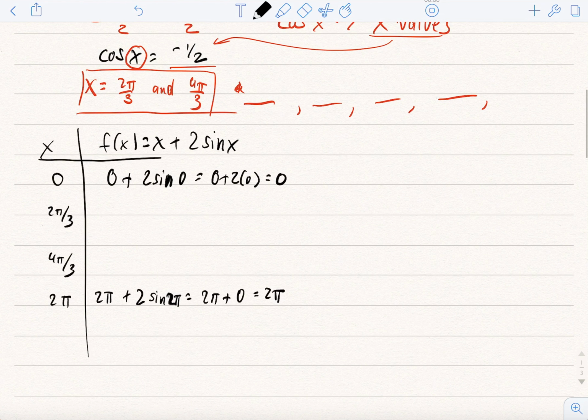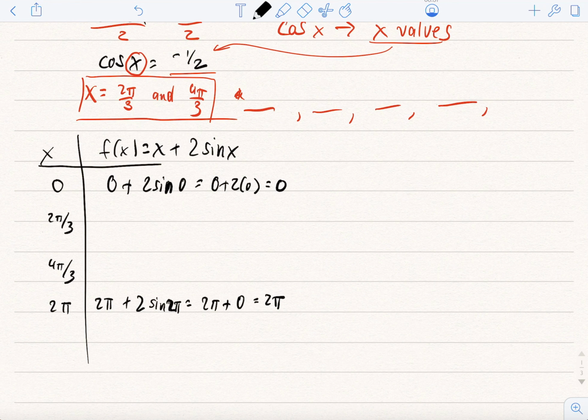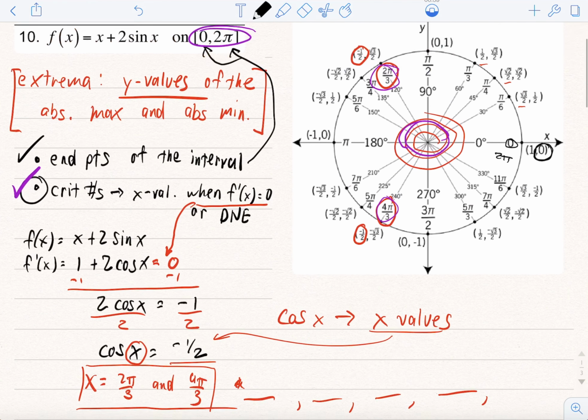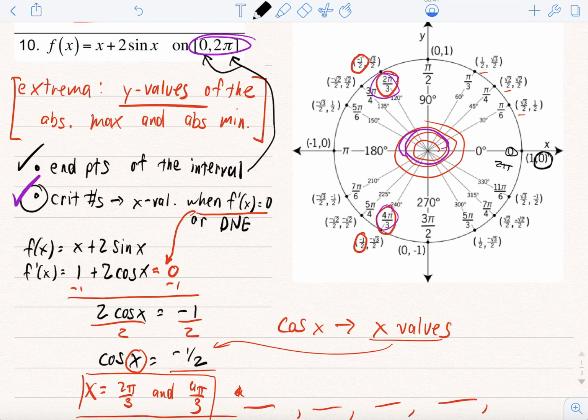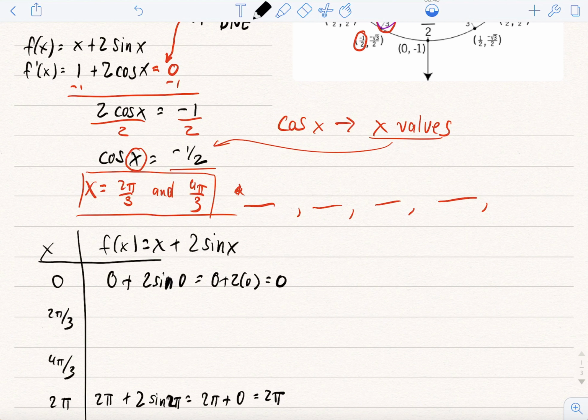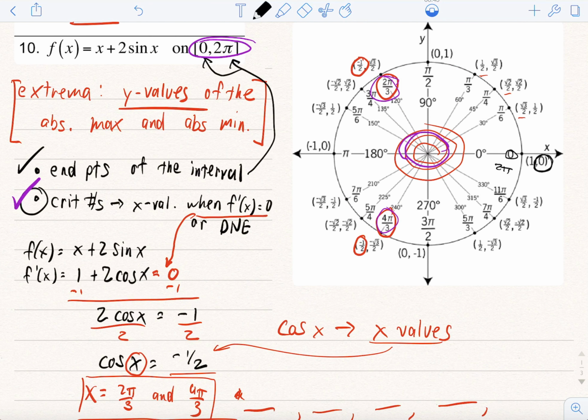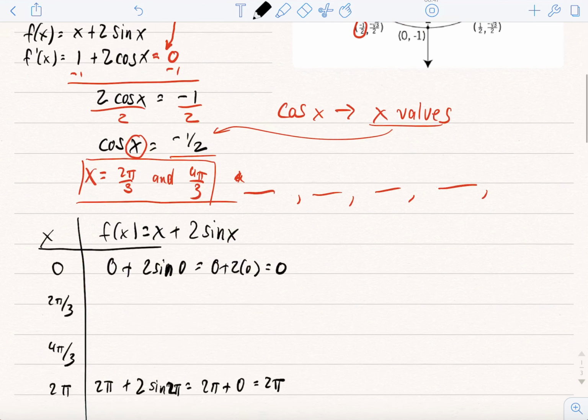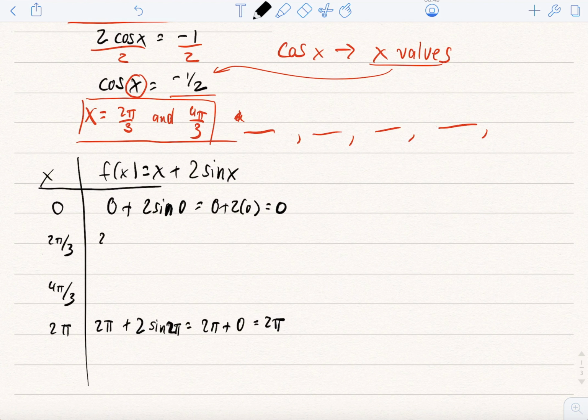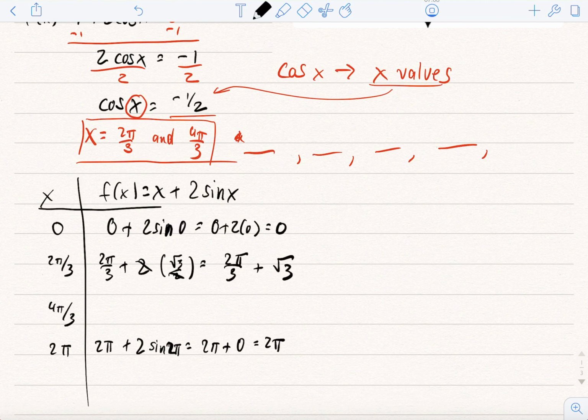Now let's plug in 2 pi over 3 into here. When we plug 2 pi over 3 in, our sine, which is our y value, is going to be root 3 over 2. So I have 2 pi over 3 plus 2 times root 3 over 2, which gives me 2 pi over 3 plus, these cancel out, root 3. I don't know exactly what that is yet, but maybe we won't have to calculate.